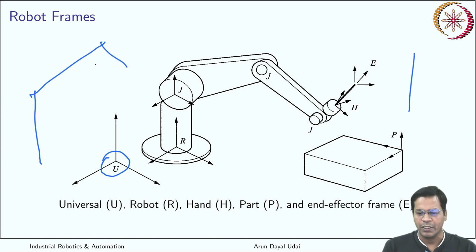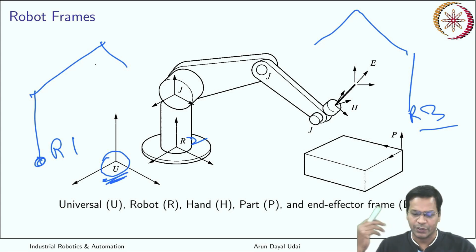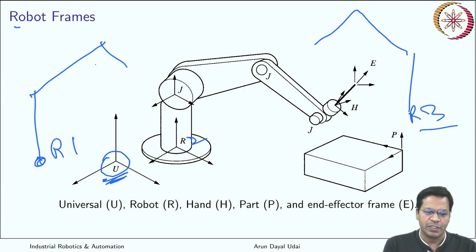You may have a robot here, you may have a robot here. So all the robots R1, R2, R3 are defined with respect to the universal frame. So this is the first frame which is there in your industrial shop floor. With respect to that, all the robots are attached. So that is the first frame.